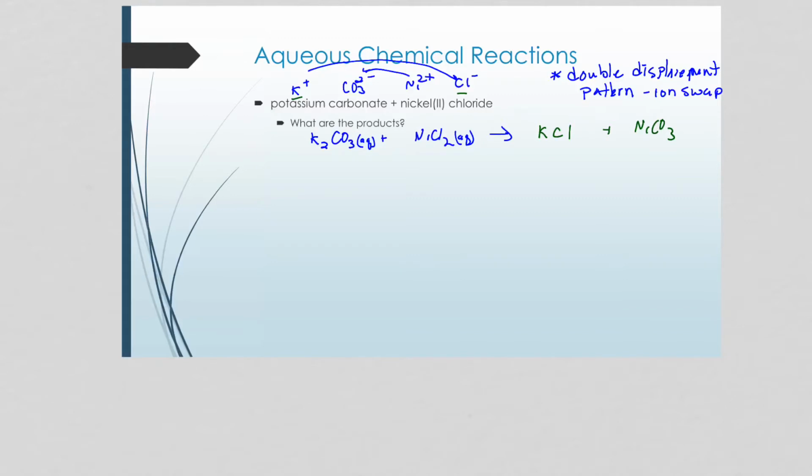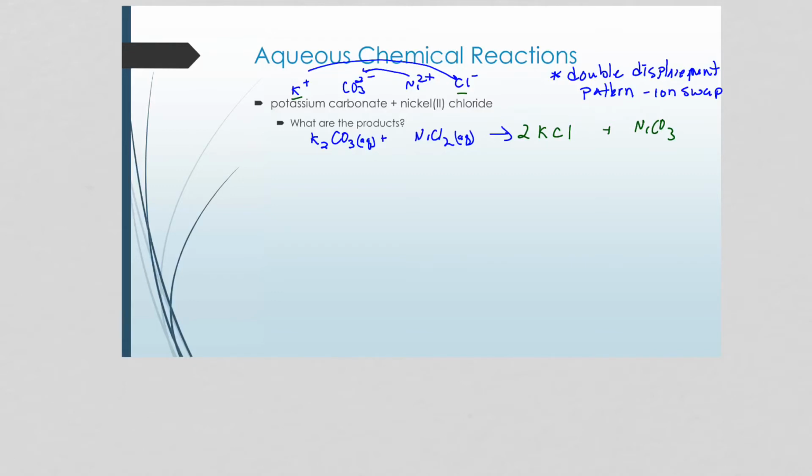So if we look on the reactant side, we have 2 potassiums. We only have 1 potassium here. So if we put a 2 here, we can balance that. Let's check everything else. So we have 1 carbonate, and we have 1 carbonate. So remember, polyatomic ions that don't change, we can balance as a group. We have 1 nickel, 1 nickel. We have 2 chlorides, and now we have 2 chlorides here.